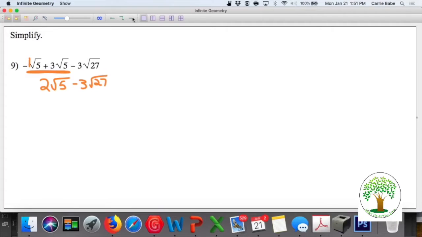Yes. 27 is not simplified under the radical there. So then you do the minus. Okay. So 27, we're going to do 9 and 3 and 3 and 3. No, that can't be. How did you do this?